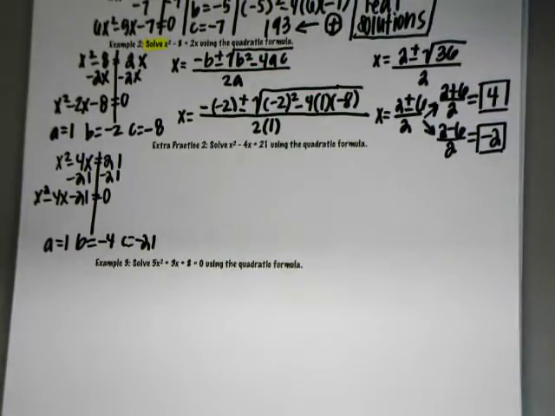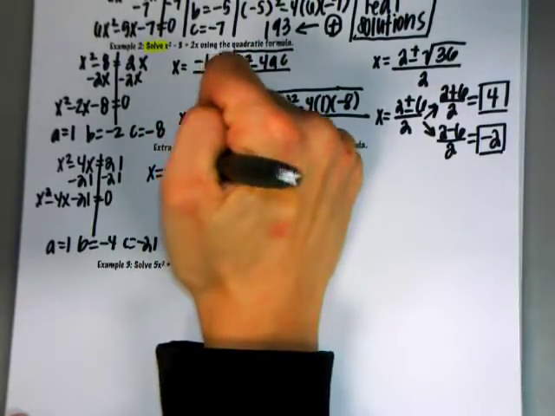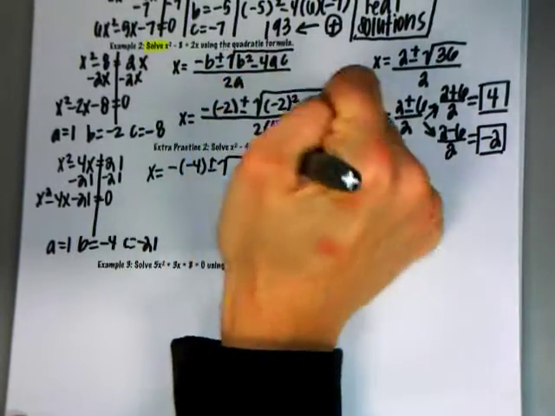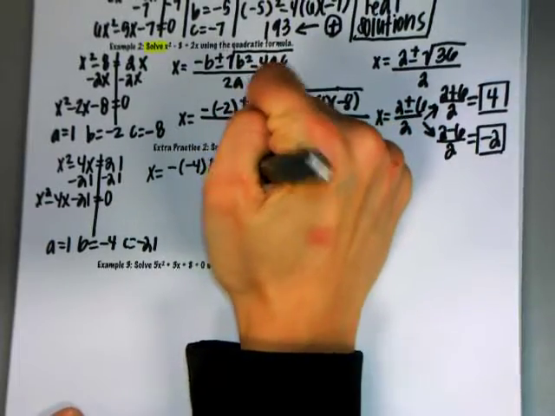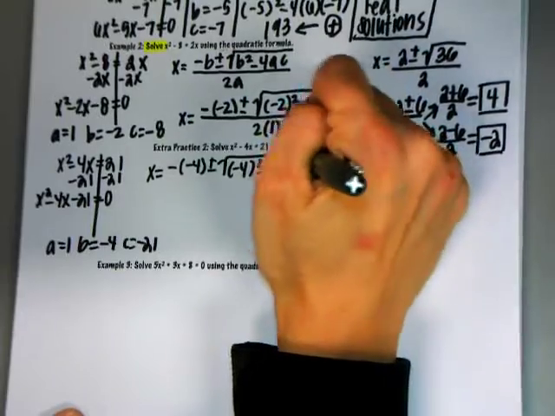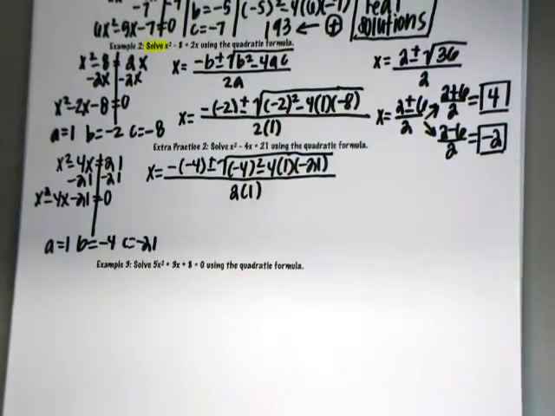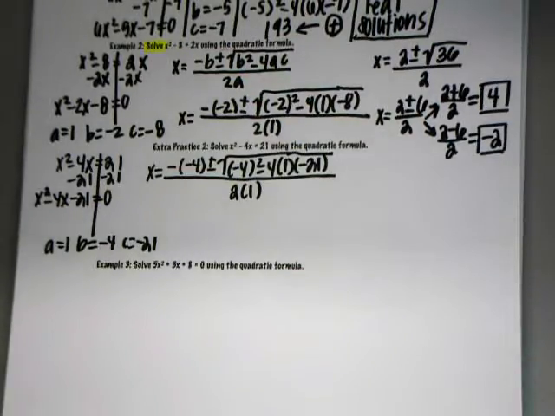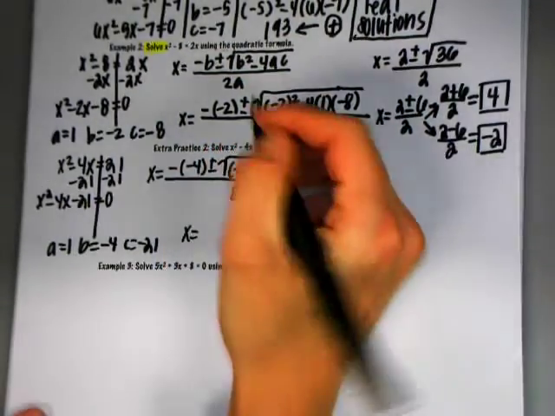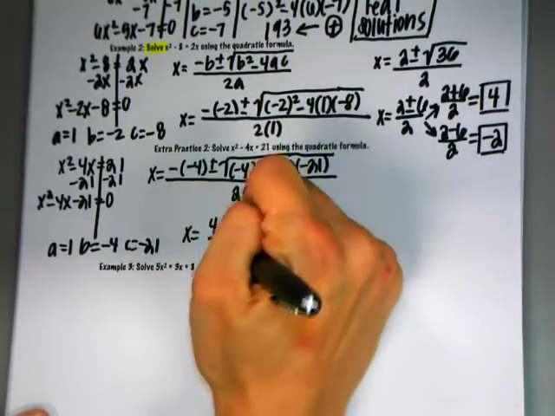All right, so let's put it all in. x equals negative b plus or minus the square root of b squared minus 4 times a times c, all over 2a. So we're going to have x equals positive 4, and on the bottom we're going to have 2.